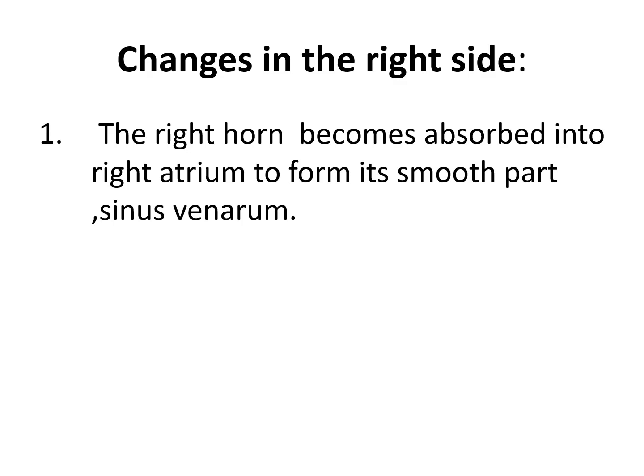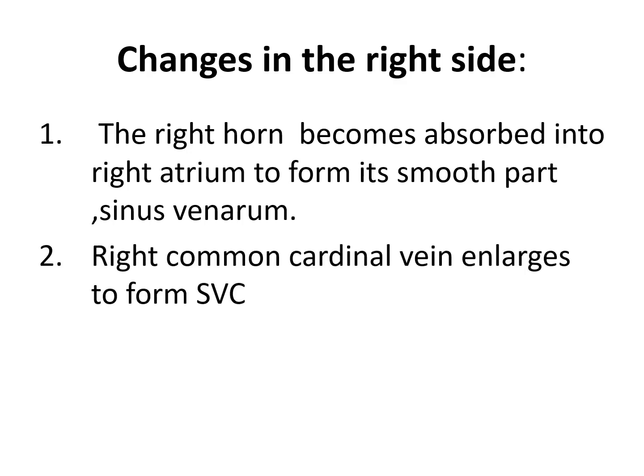Remember that we had the right atrium like this. I don't know why the color changed into blue. Maybe I have touched that. This is the right horn, and here we have the left horn.